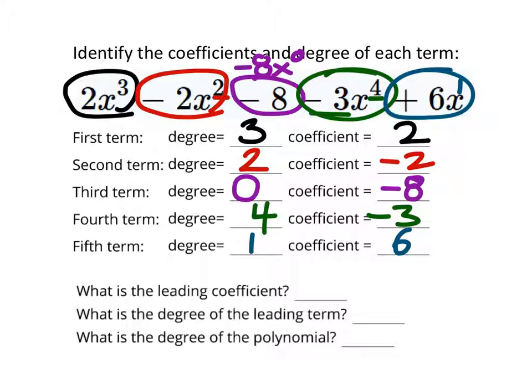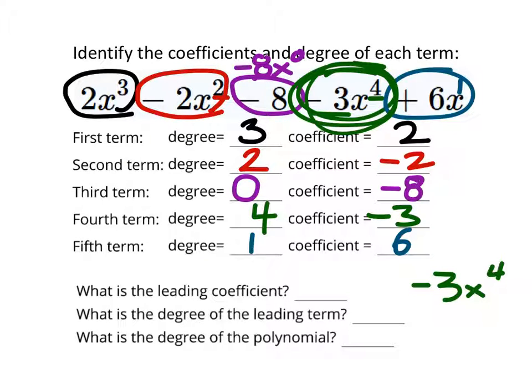Well, then the leading coefficient, we need to find the leading term first, I suppose. And that's going to be the term with the highest degree. So I'm going to look at the powers of the x's, and the highest power is this power of 4 right here, right? So the leading term itself is the negative 3x to the 4th.